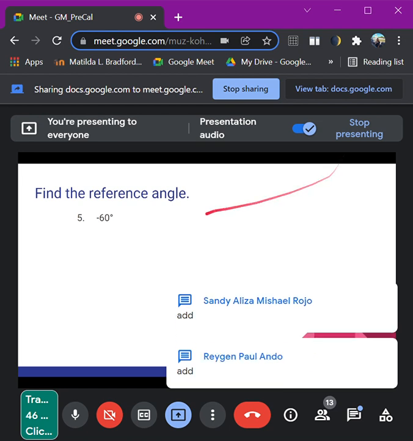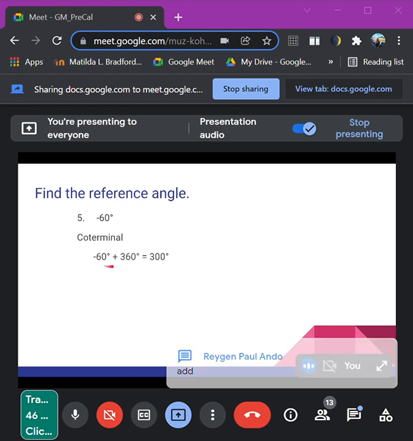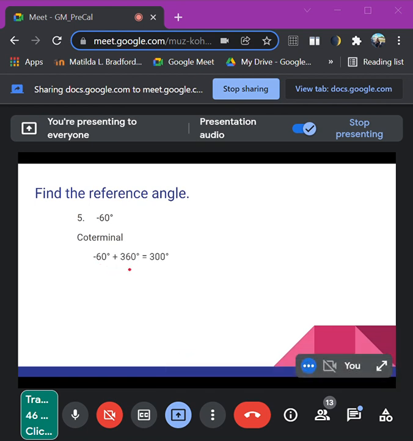Okay, we're going to add 60 degrees. So, you have there negative 60 plus 360, that is 300 degrees. So, meaning to say, kani ato ang gamiton in order for us to get our reference angle. Okay, we're going to use this one in order for us to get the reference angle.